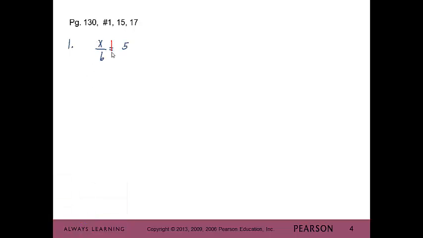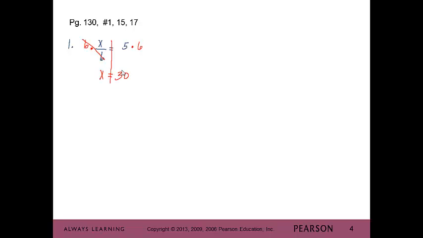So let's draw my gate. Now, in order to get x by himself, I have to move this 6. But what is the 6 doing to the x? It is dividing. And what's the opposite of division? It should be multiplication. So we're going to multiply by 6 on both sides of the equation. The 6's cancel out, and we're left with x equals 30.